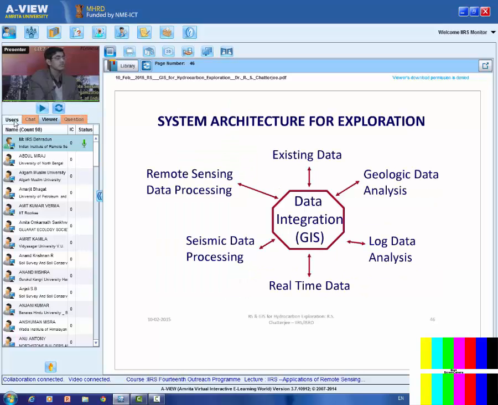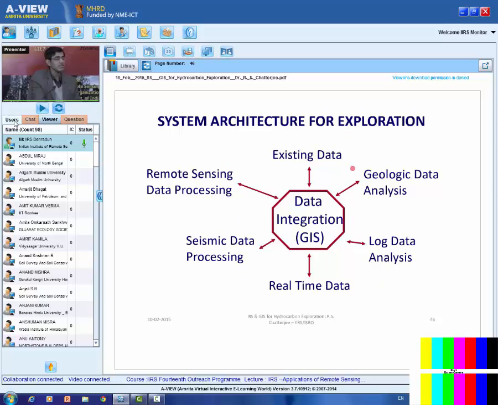Now this is the system architecture for exploration, which is what ONGC follows. In this architecture, they do remote sensing data processing as input. Then existing geological and other data, geological data analysis. Seismic data processing is very, very important, along with log data analysis and real-time data during drilling.